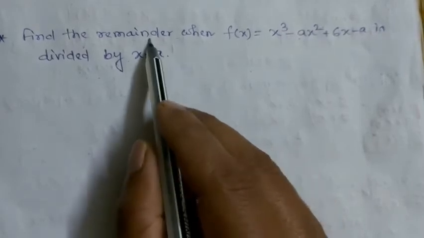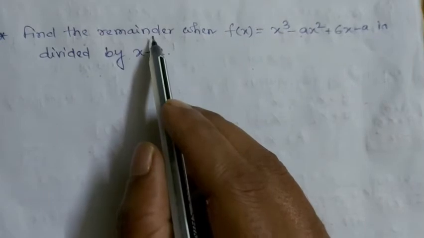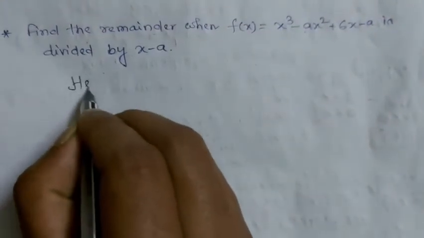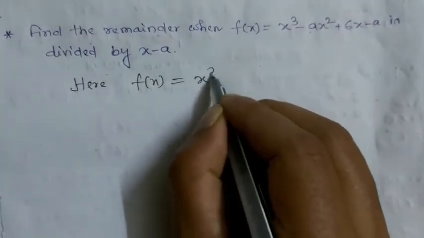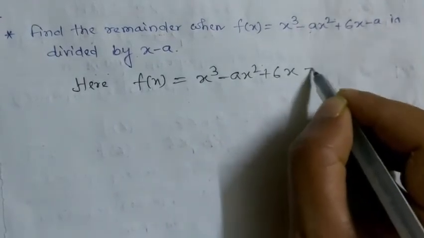We have to find the remainder. By the remainder theorem, the remainder is f of a.